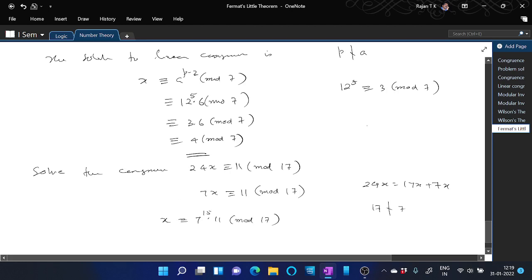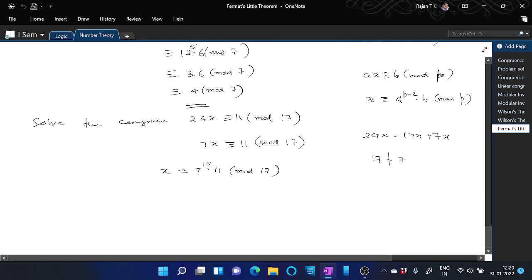We have the result that ax congruent to b mod p has solution a raised to p minus 2 into b mod p. That is, the residue of a raised to p minus 2 b modulo p is the solution to ax congruent to b mod p. Here p is 17, so a is 7 here. So 7 raised to 15, that is 17 minus 2, 7 raised to 15 into 11 mod 17.